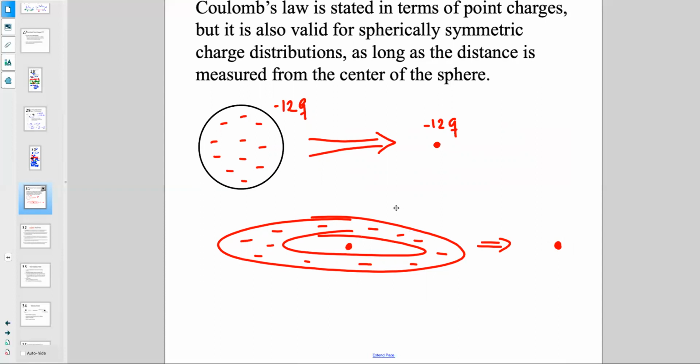Okay, so for example, if you have negative 5Q, you can think that this negative 5Q is in fact a point charge at the center of this ring, and you can consider it as a point charge at the center. This is kind of similar to what we had in physics 1 for the center of mass. The center of mass of a sphere is at the center. The center of mass of the ring is at the center. So you can think and look at it like that as well.